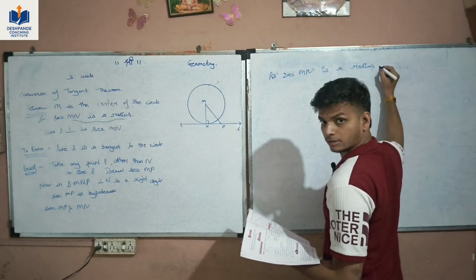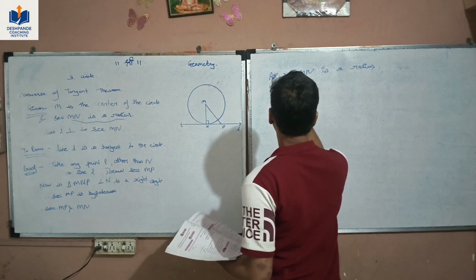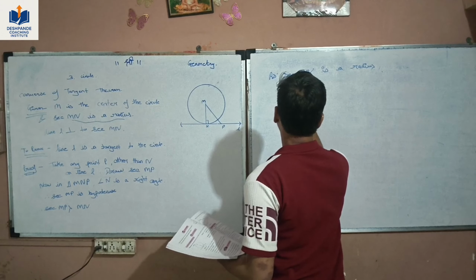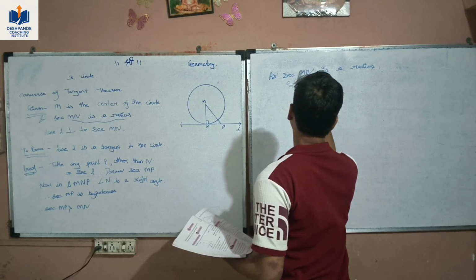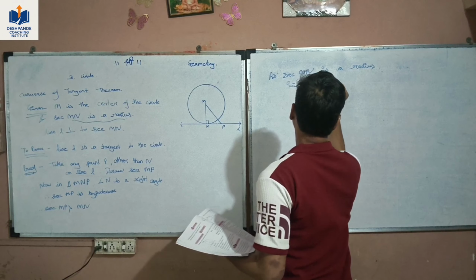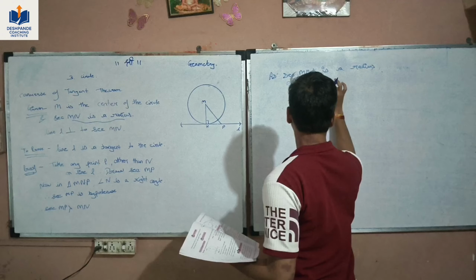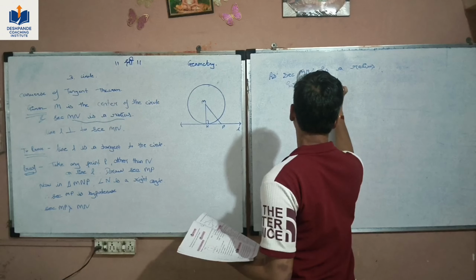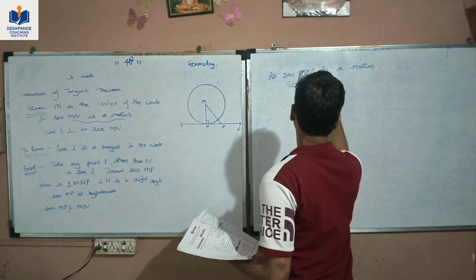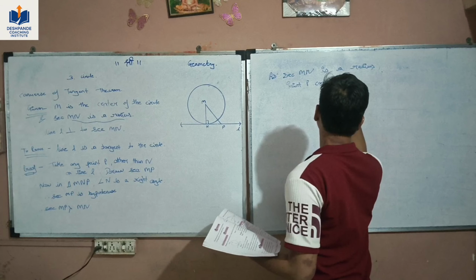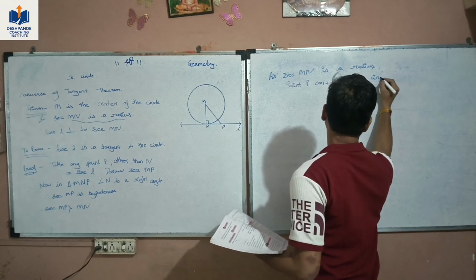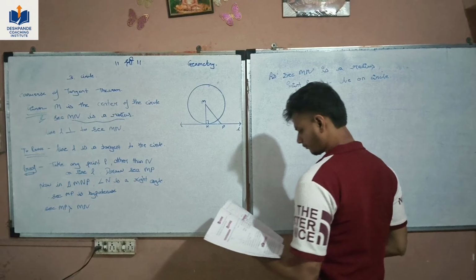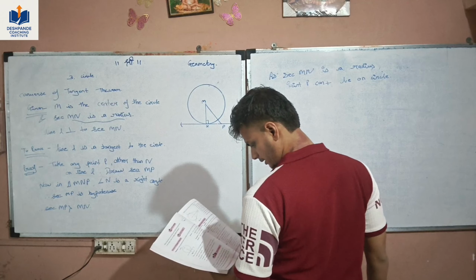Point P, I will write here: point P can't be on the circle.